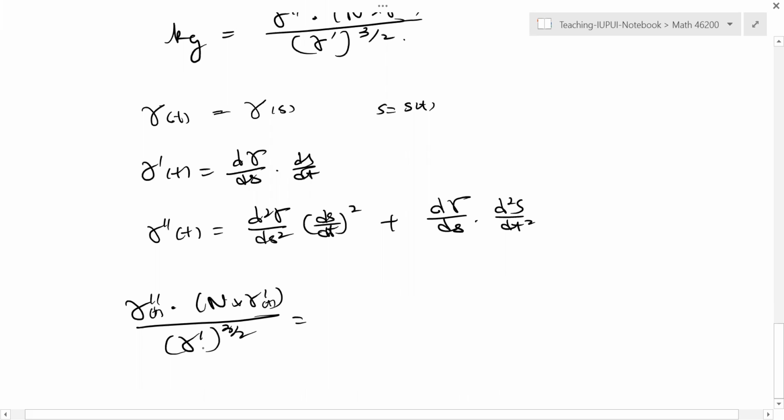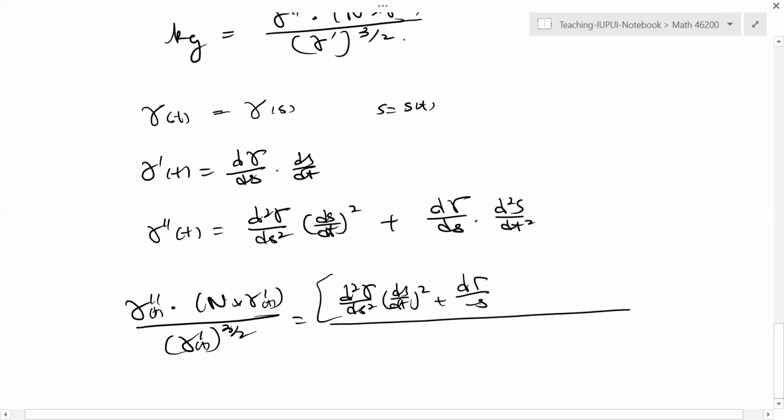Using the above formula, I have d squared gamma ds squared times (ds dt) squared.